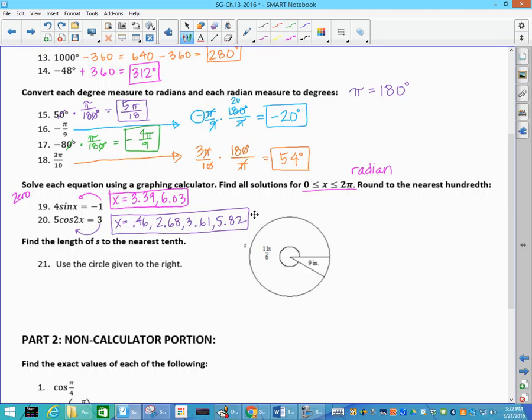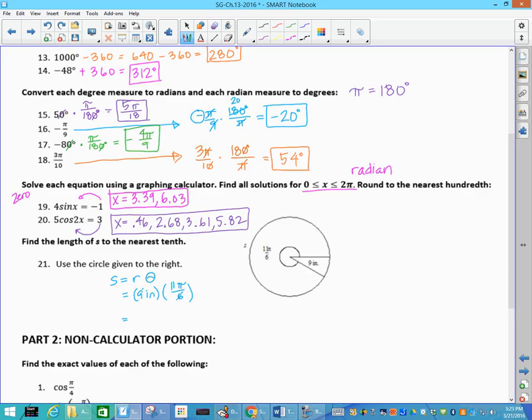Find the length of s to the nearest tenth. S is my arc length, so it's asking me for this length right here. You do need to know that formula, S equals R theta. R is my radius, which is 9 inches. Theta is my angle in radians, which is 11 pi over 6.